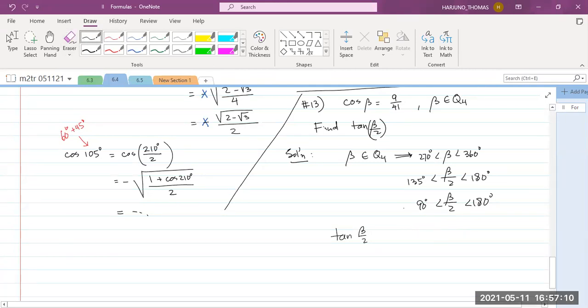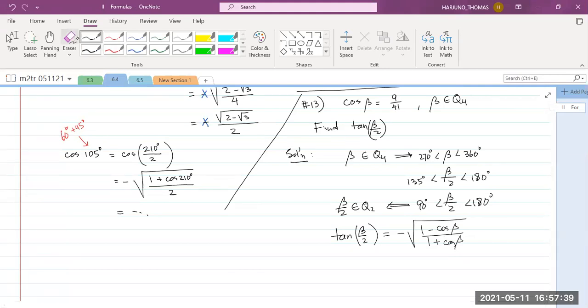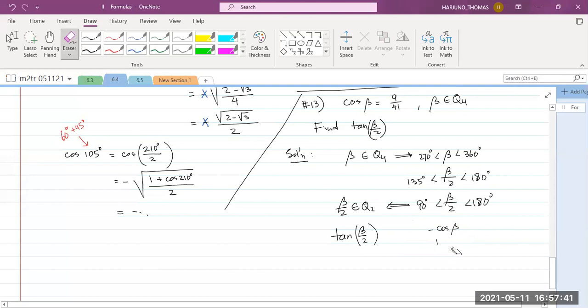So if you use that square root formula, it will be negative square root of 1 minus cosine beta over 1 plus cosine beta. But no, I don't think I want to do that one. I don't want to use that formula. It's kind of a lot of headache.